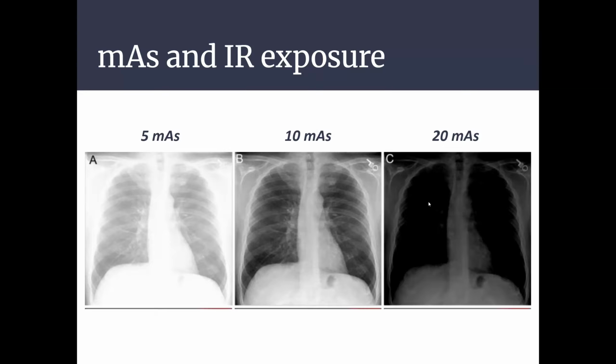So now everything's getting blasted. You increase the exposure, which means you're also increasing the dose to the patient, which is low attenuation, because all the X-ray beam is going through to the image plate. Everybody following?